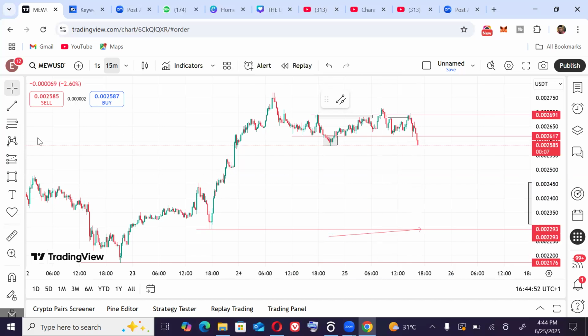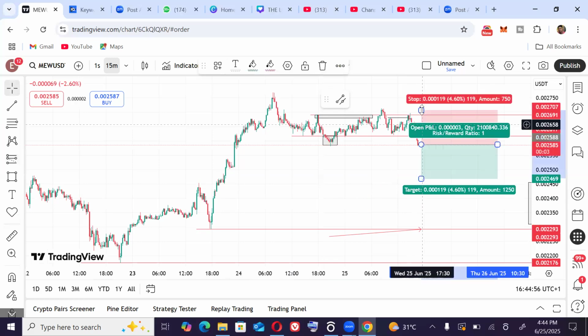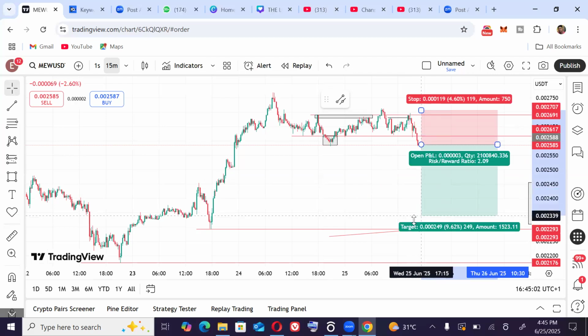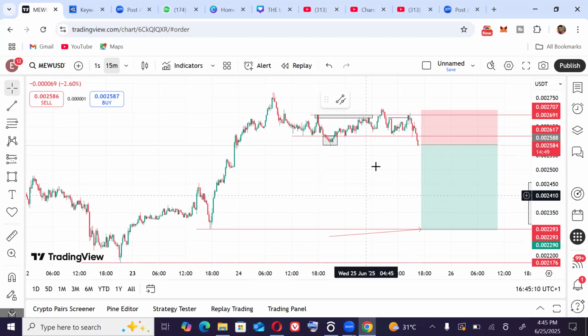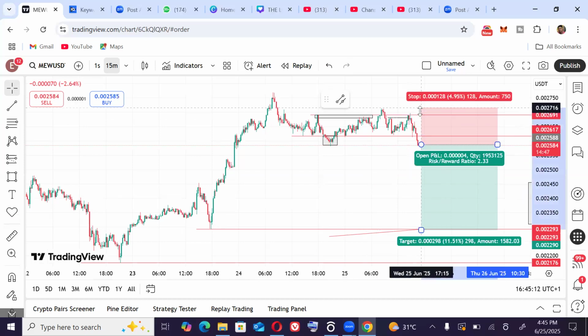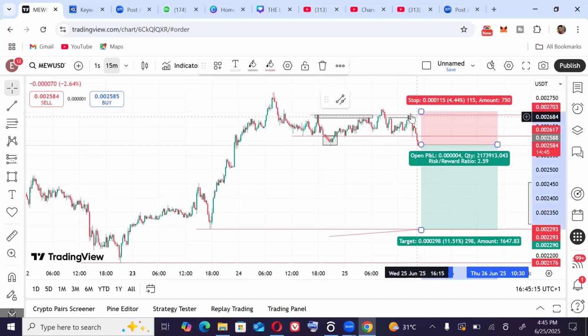And my R ratio is usually 1 to 2, sometimes 1 to 2.5, just above the inducement there. Oh yes, 1 to 2.5. Let me refine this very well. This is a protected high because it has swept liquidity.